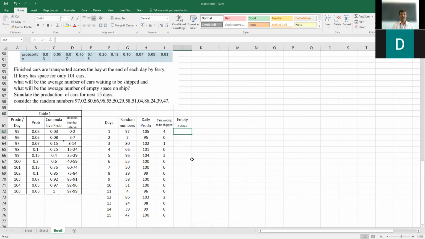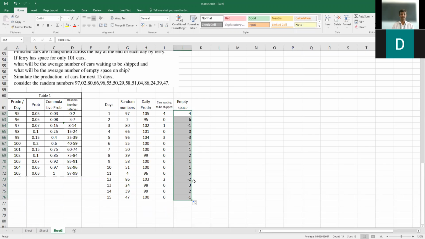How do we calculate it? Again, by keeping this 101 shipping capacity, I mean production minus the shipping capacity. Or we will put it like this, for easy understanding: 101 minus the number of things produced.